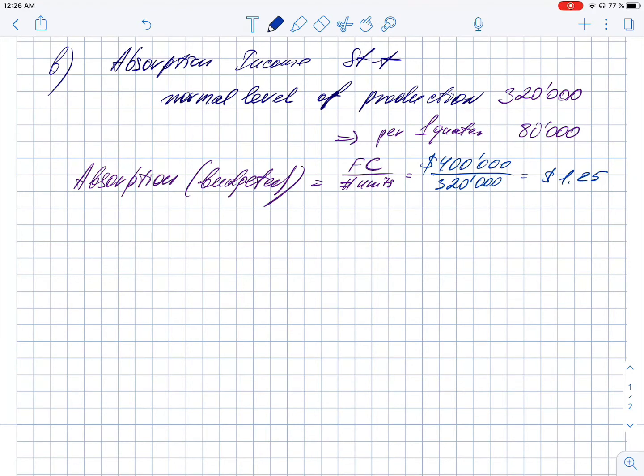For the quarter also, if we take the 100,000 of fixed costs in dollars per 1 quarter and divide it by the number of units to be produced in 1 quarter, which is 80,000, we receive the same amount. So we will use that amount, $1.25, as a fixed cost per unit in order to calculate full cost.